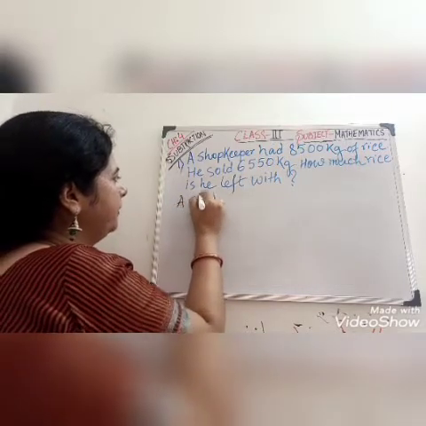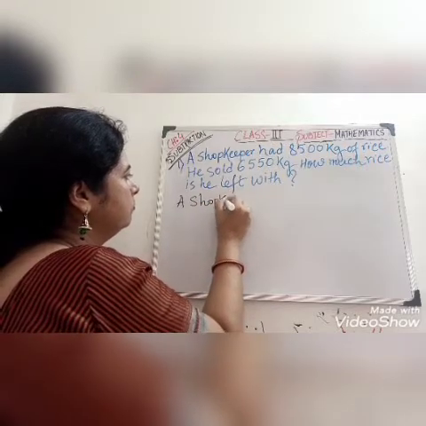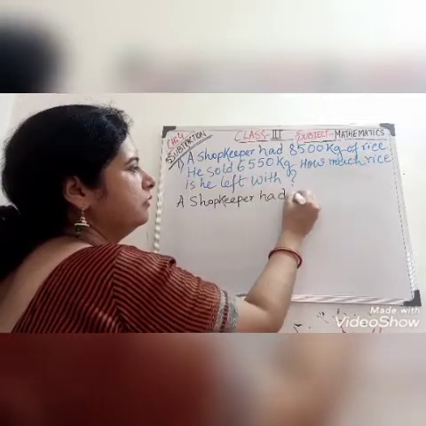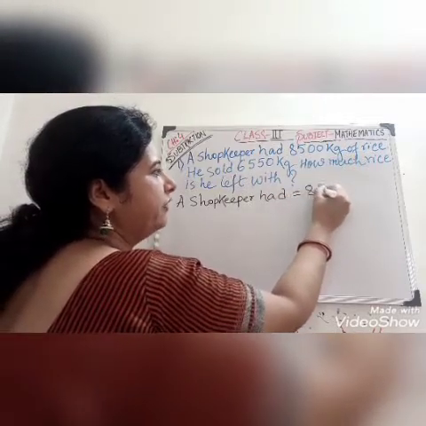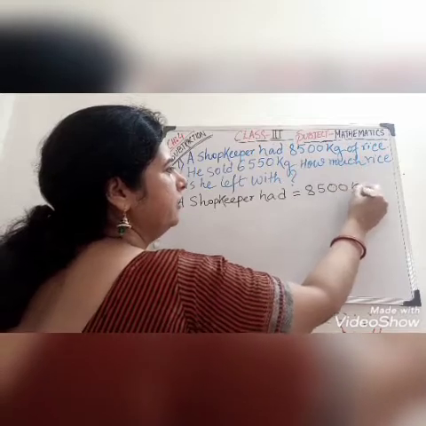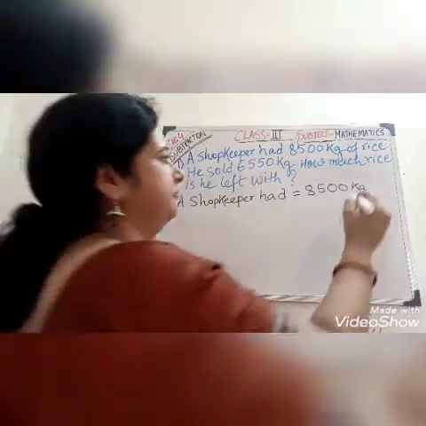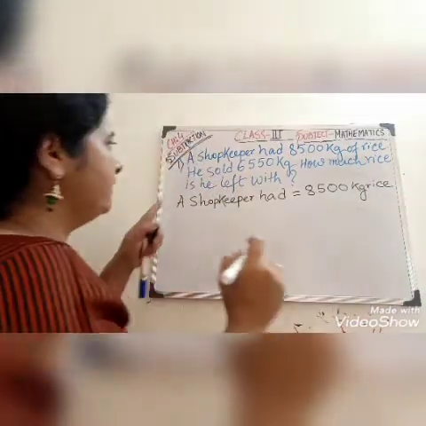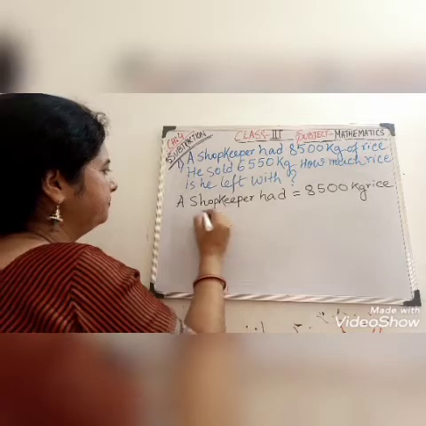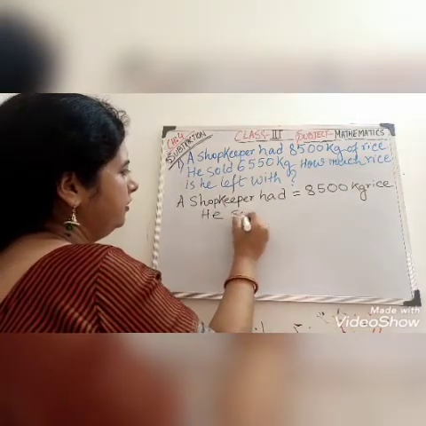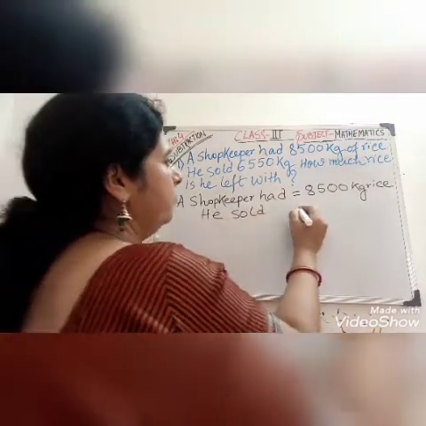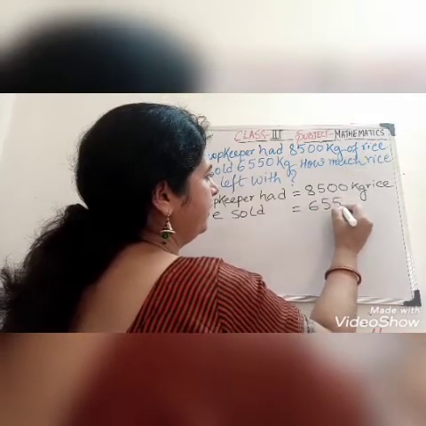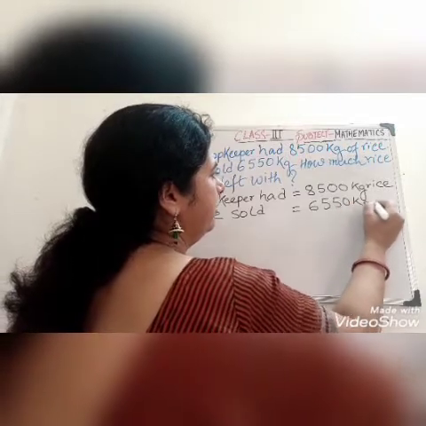A shopkeeper had 8,500 kg rice. Next, he sold equals to 6,550 kg rice.